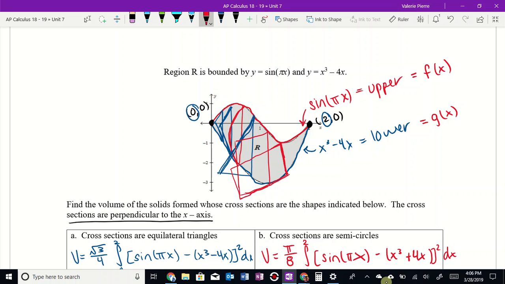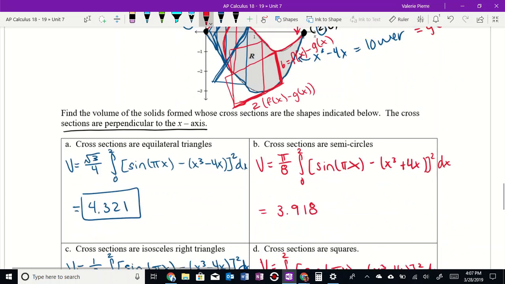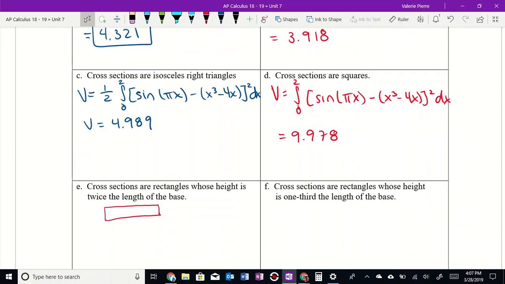So here's the base. Our base is going to be our f of x minus g of x. That's the part that's on my actual shaded region. And then my height, the part sticking out, is going to be 2 times my base, which is f of x minus g of x. So if we look at this as the rectangle popping out of this section of paper, this is my f of x minus g of x, and this is my 2 times f of x minus g of x.